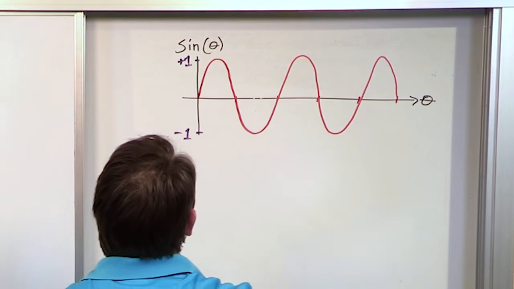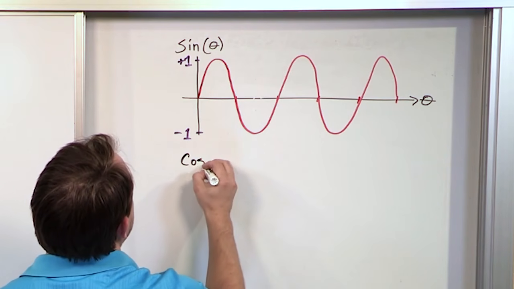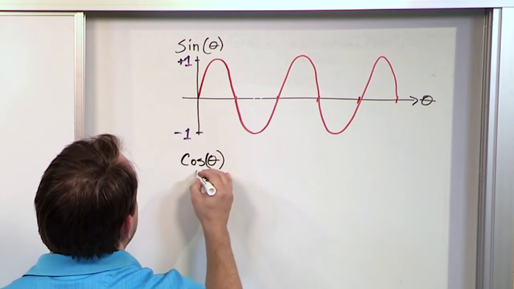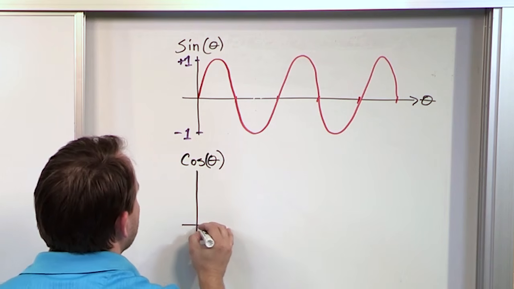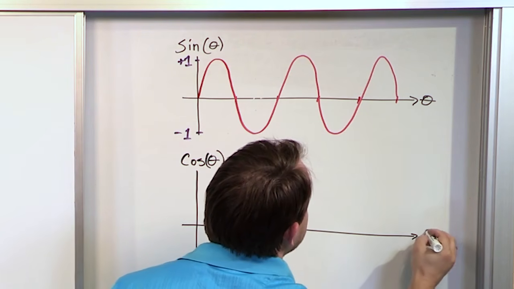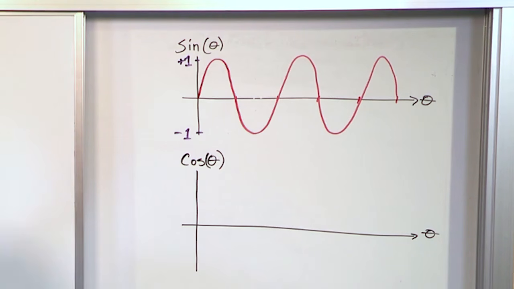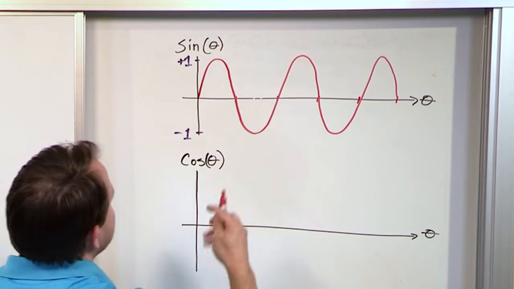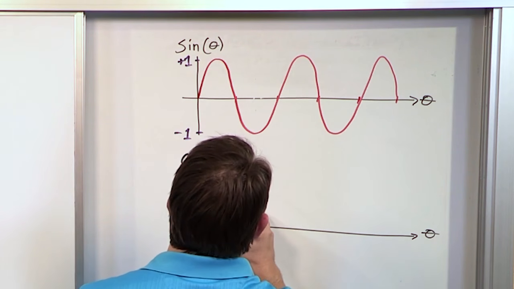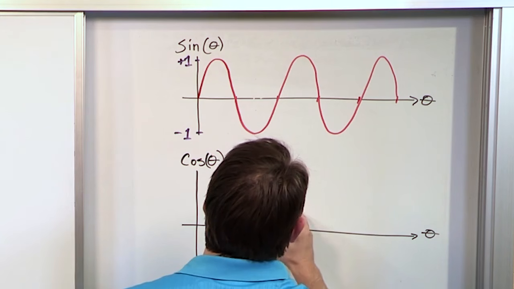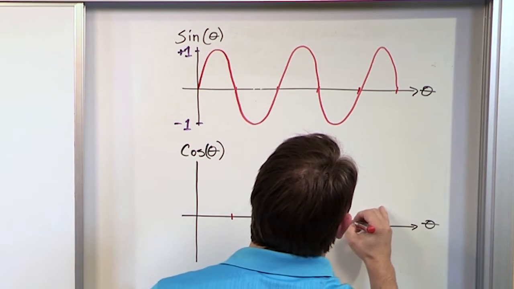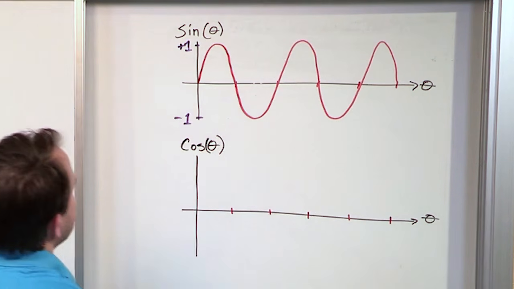Now, if we wanted to compare that with cosine of theta, it would look similar, but there's an important difference. And the reason I want to show you this, even though you probably already know this, a lot of you guys, I want to show you this because it is going to be helpful for you later. So let me put my little marks here as best I can. I'm not trying to be too terribly exact.